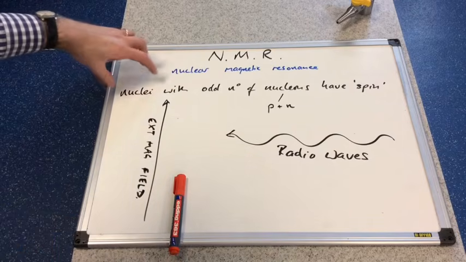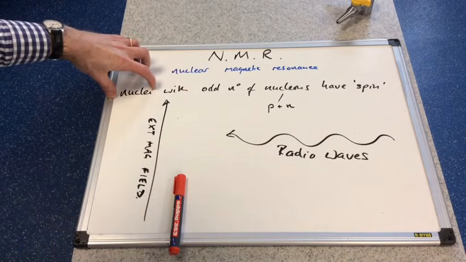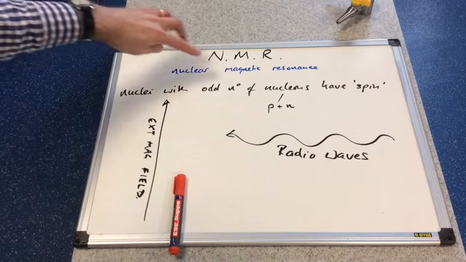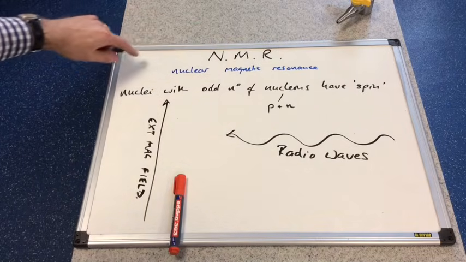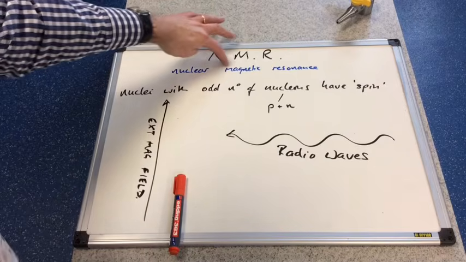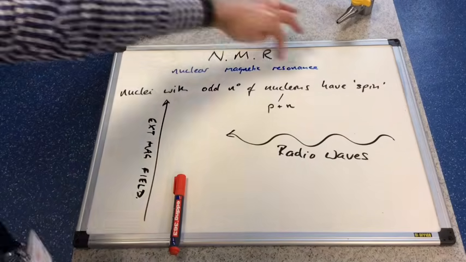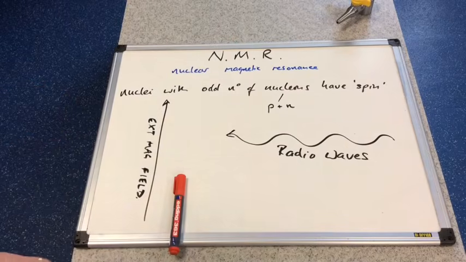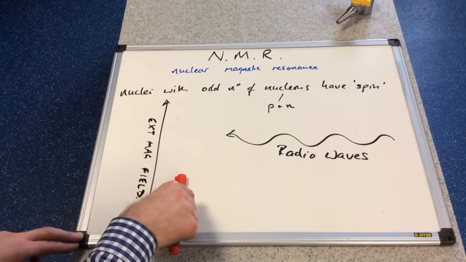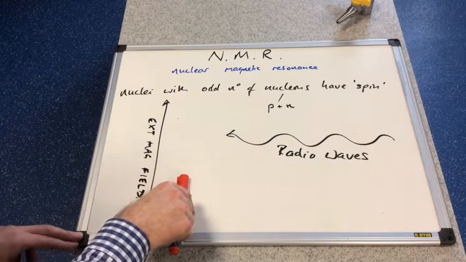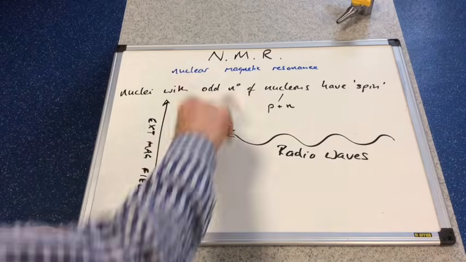It's all about the nuclei of certain atoms with an odd number of protons and neutrons when added together. They behave like little magnets, with this magnetic moment, this property of spin. If you apply the correct amount of radio wave energy, then you can get the spin, the magnetic moment, to resonate.